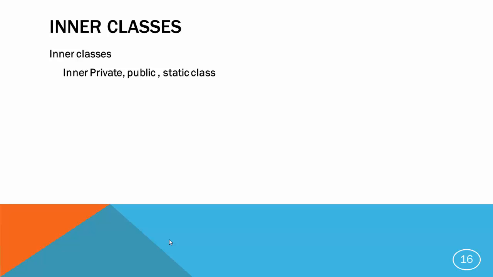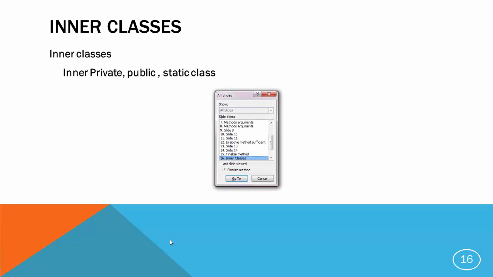If it is a public class, it can be used inside the outer class as well as outside of it. If it is a static class, you can combine static with private or static with public, and you can use that class statically in the outer class.